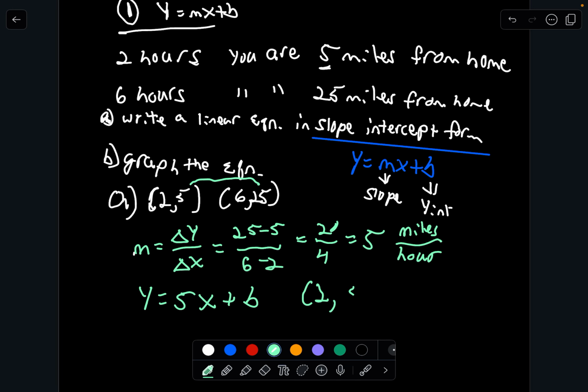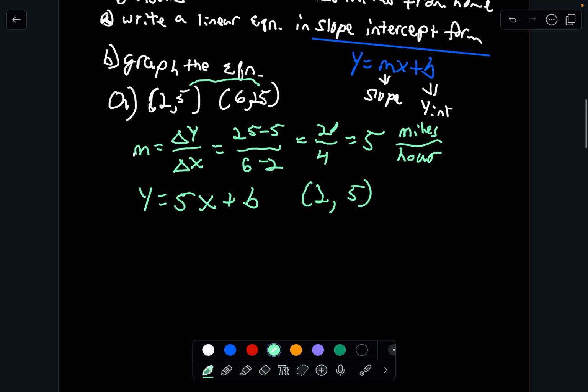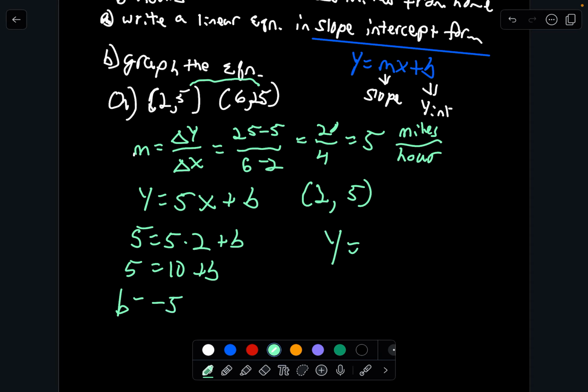If you plug that in, you get 5 equals 10 plus b, and b equals negative 5. So your equation would be y equals 5x minus 5.